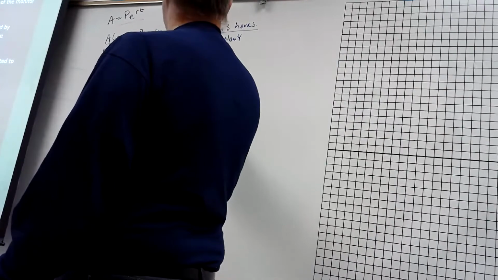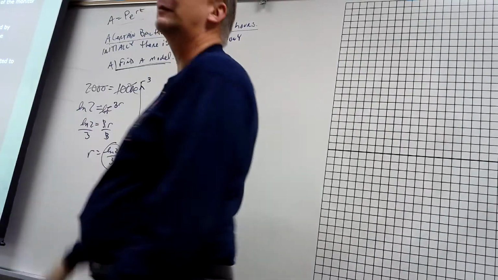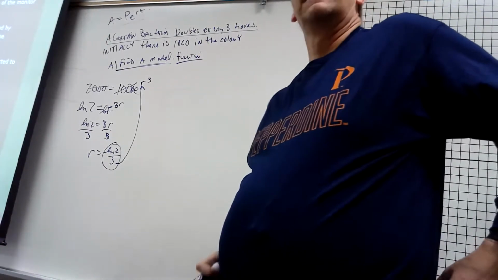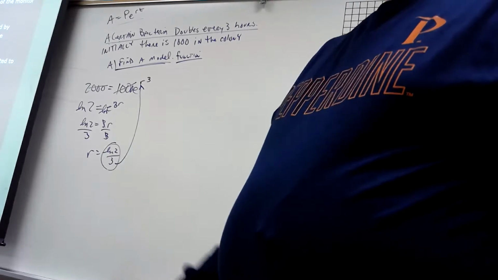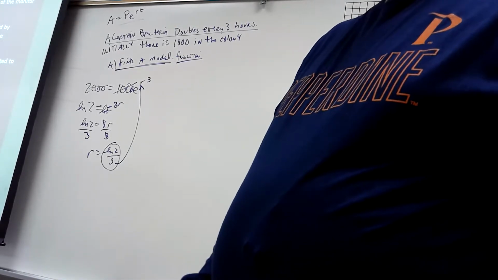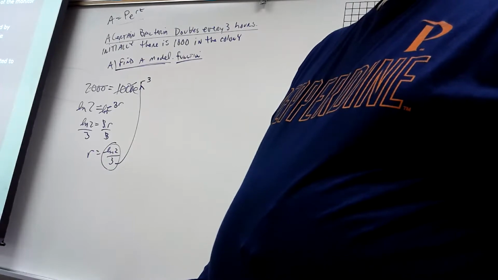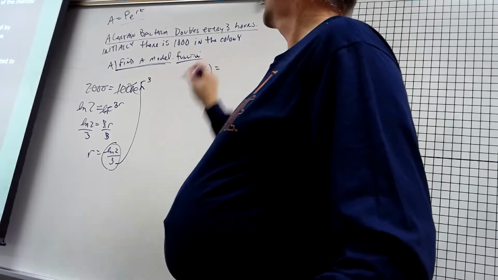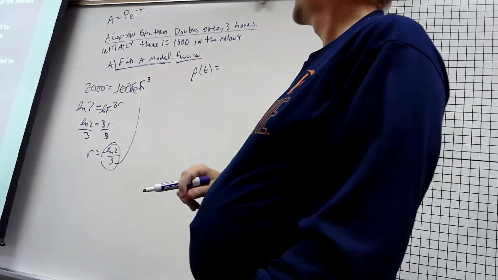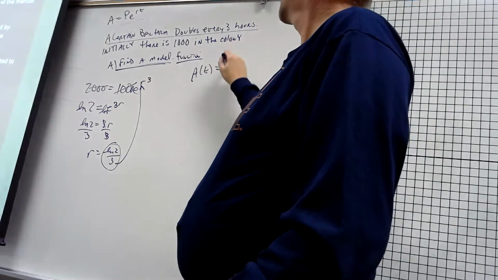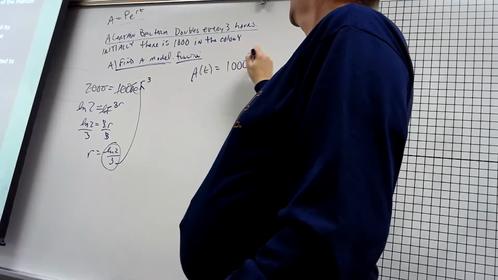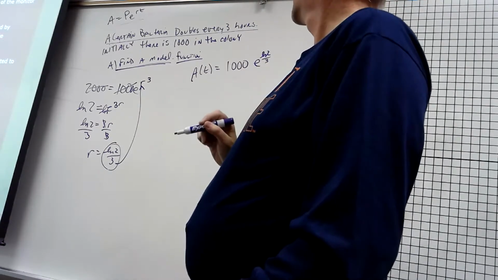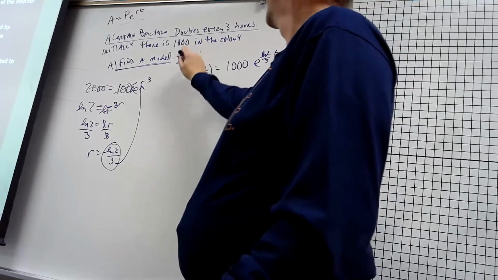Maybe I should put a function, a model function. That's what we're talking about. I want it in functional notation. In the book, they always use n for number of whatever, but I'm fine with A. Then we'll put A equals A of t, because we want functional notation. 1,000, because that's what we started with. e to the ln of 2 over 3 times t. There you are.